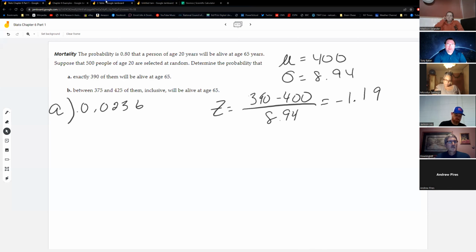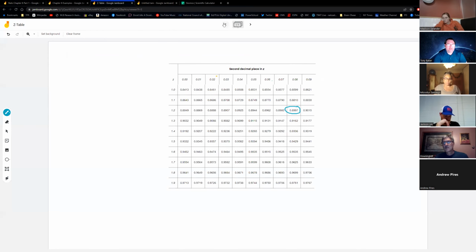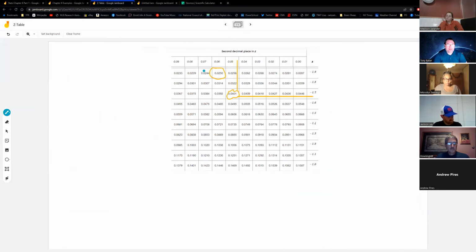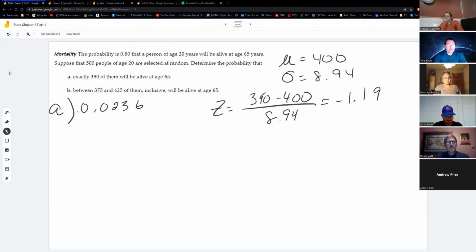All right, so let's go to our z table, and we're going to look for negative 1.19. So my area is 0.1170. Right there. All right, that was not my answer.